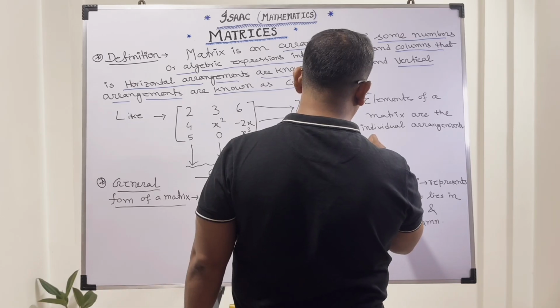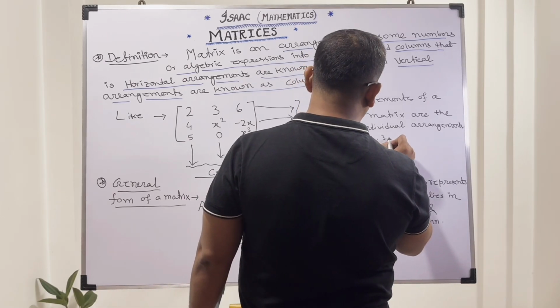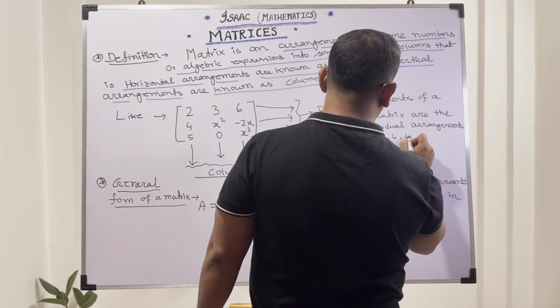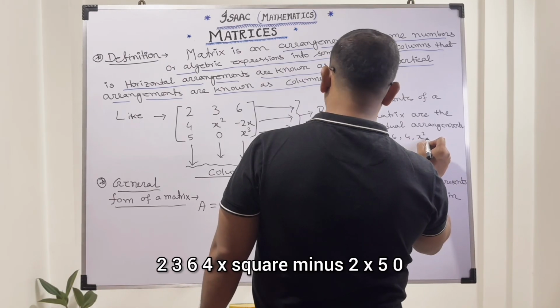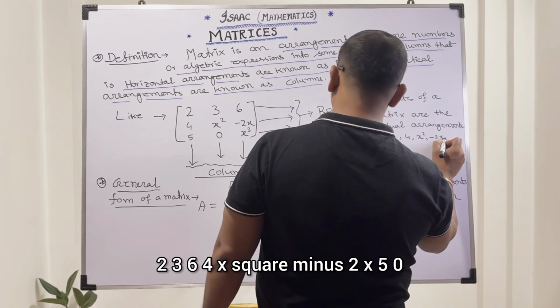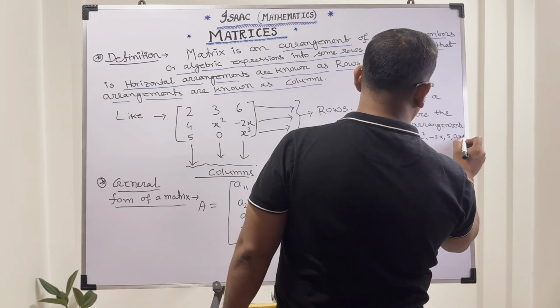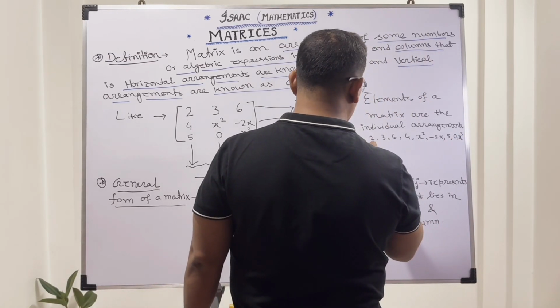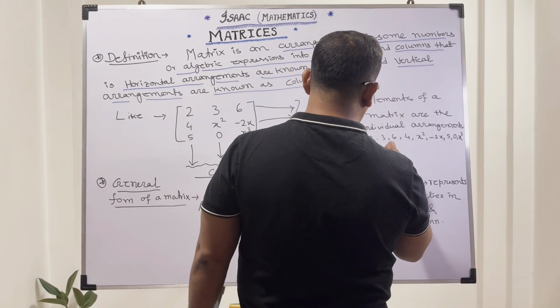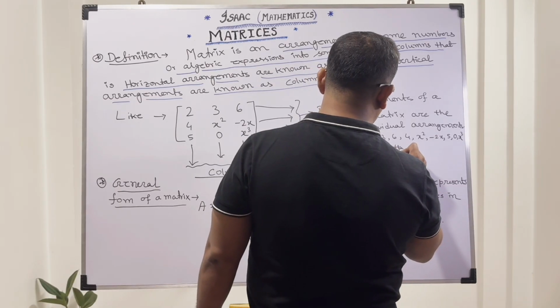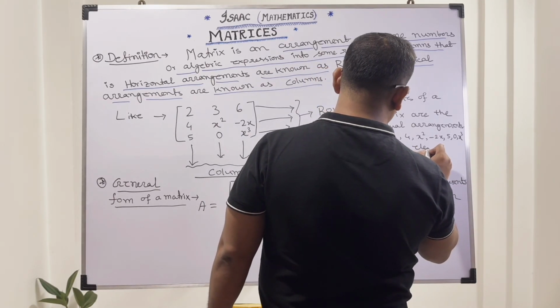So 2, 3, 6, 4, x square minus 2x, 5, 0, x cube, all are the elements.